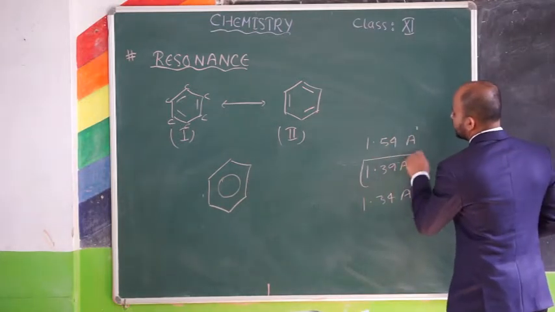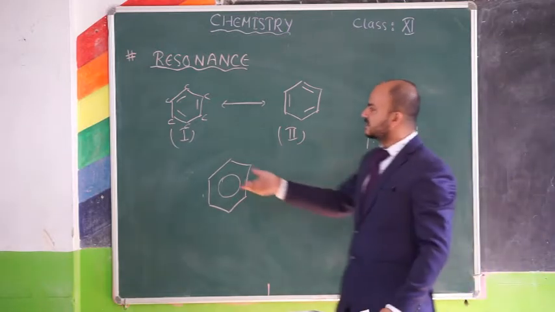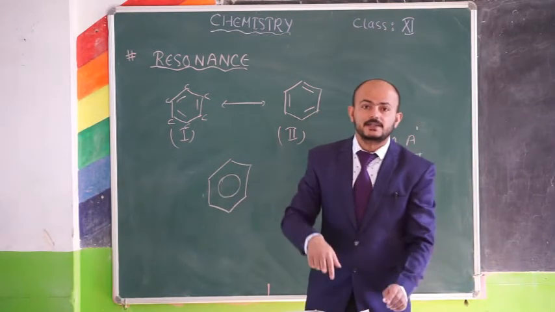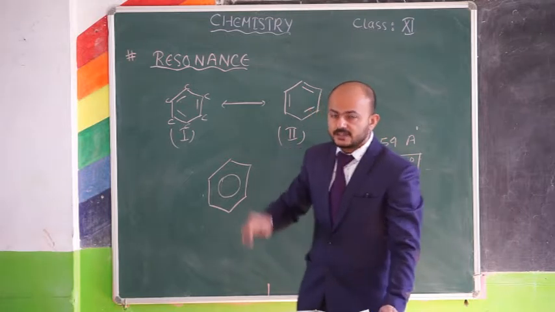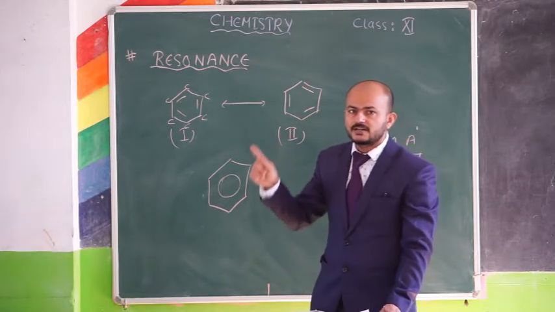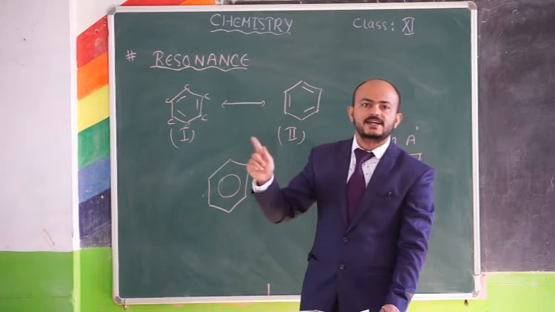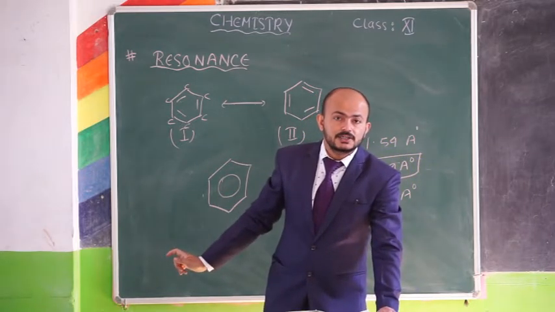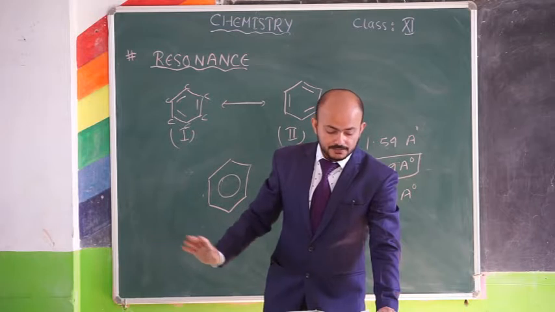This shows that the carbon-carbon bonds in benzene are neither double bond nor single bond, and because of this, it means that resonance has taken place. Electrons are continuously resonating inside the ring, and this gives stability to the aromatic compound.